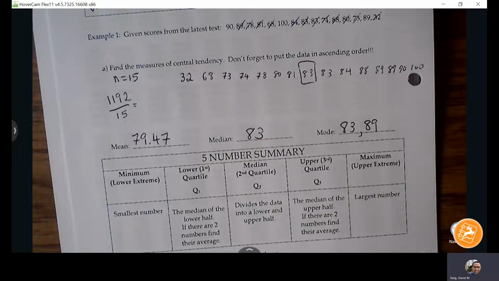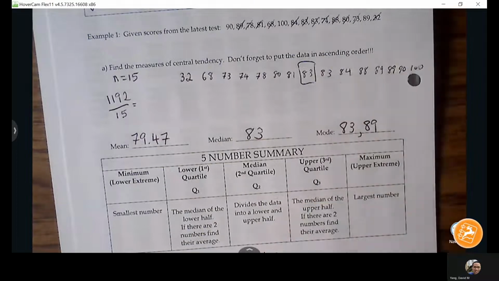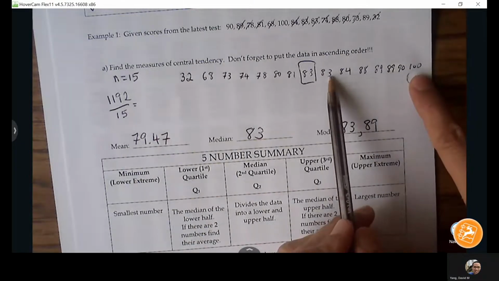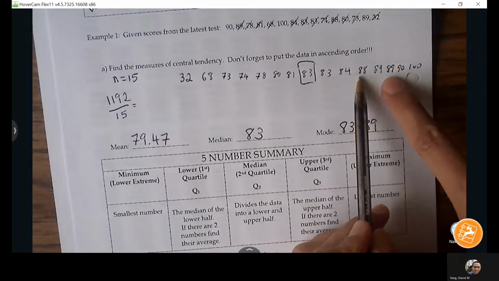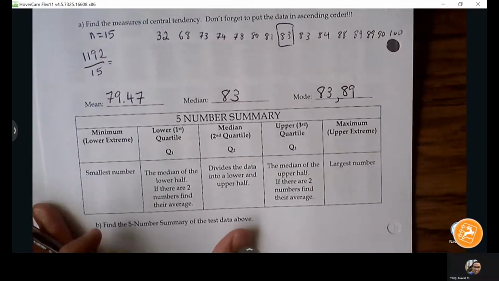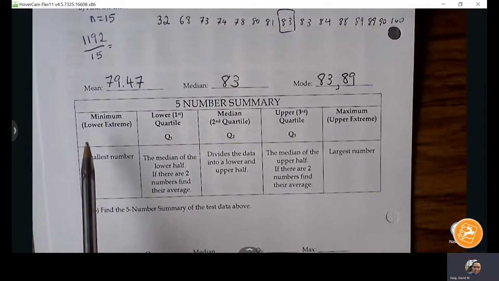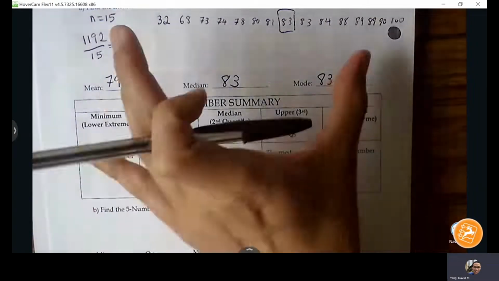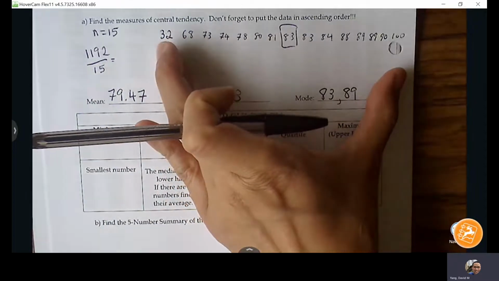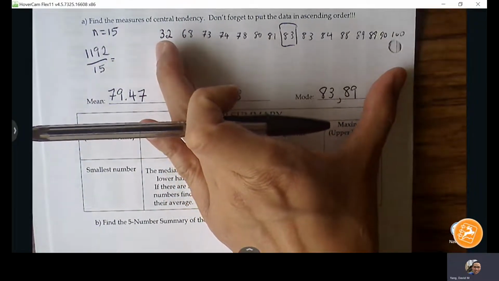Okay, let's see. Okay, next up, the 5-number summary is where we're looking for 5 numbers that come from the scores that we have.